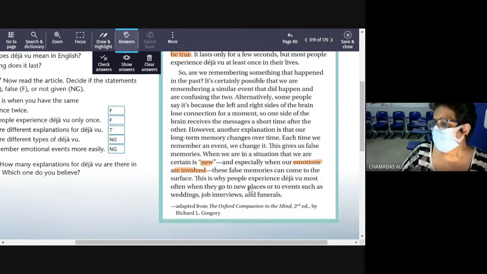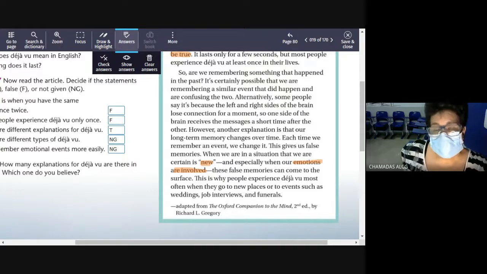That's why most people experience déjà vu most often when they go to new places or to events such as weddings, job interviews, and funerals. Okay? Because they have the emotions mixed with the new experience.